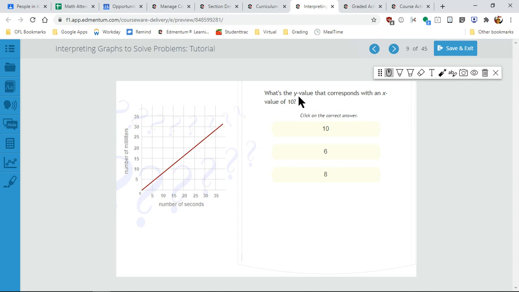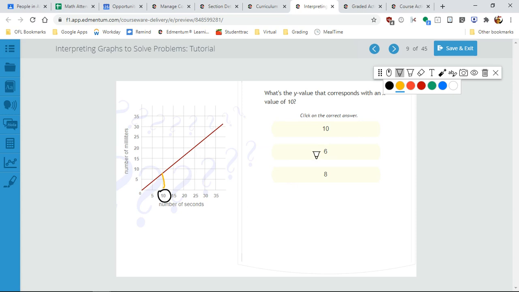So pretty simple. Now this is saying, what is the y value corresponding with the x value of 10? So this means that we're going to go to the x at 10 and we're going to move up till we get to the y value. So that's somewhere in between this 5 and this 10. So that's going to be about, what is that, 8, 6?